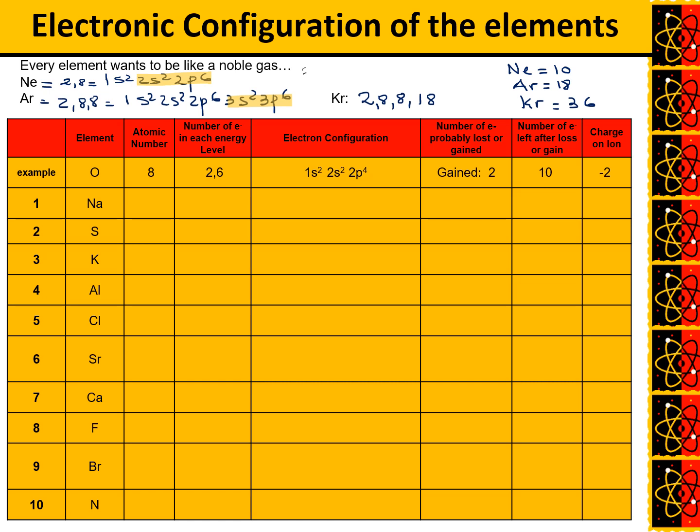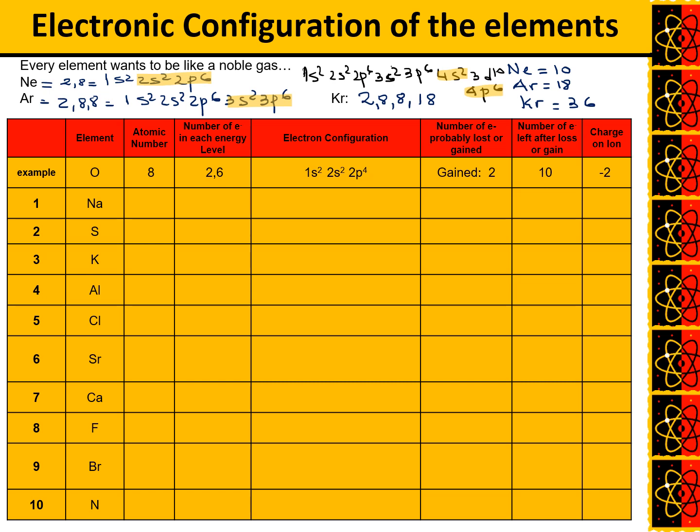It's going to be 1s2, 2s2, 2p6, 3s2, 3p6, 4s2, 3d10, and 4p6. So again, what do we have? 4s2, 4p6.